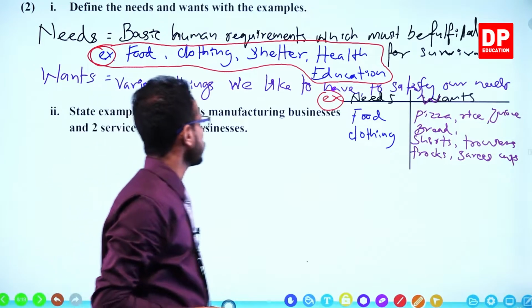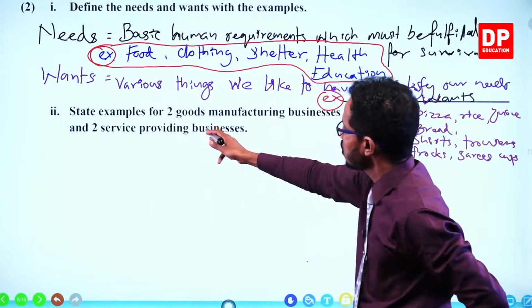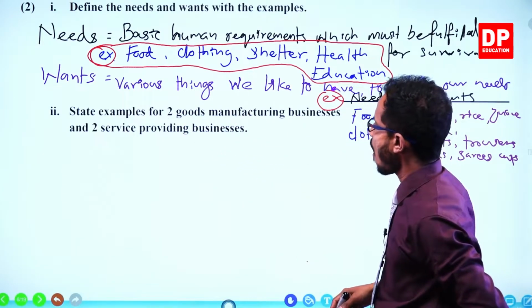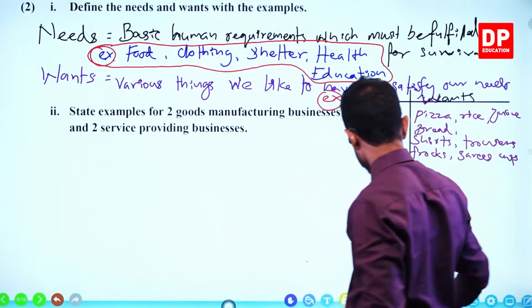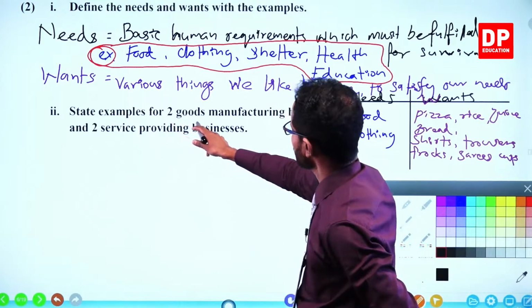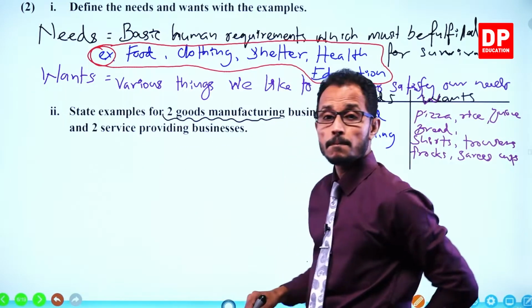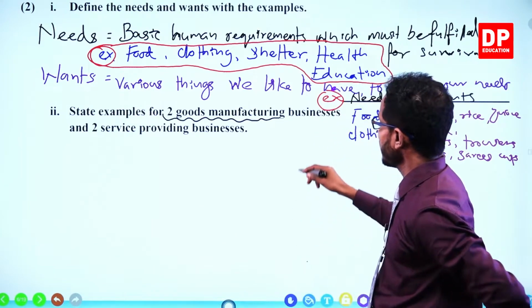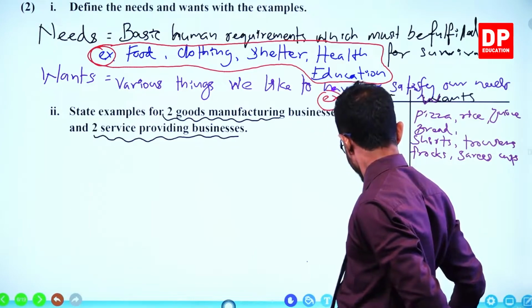State examples for two goods manufacturing businesses and two service providing businesses. Easy, right? First, we have to write goods manufacturing, goods producing businesses, then service providing businesses.